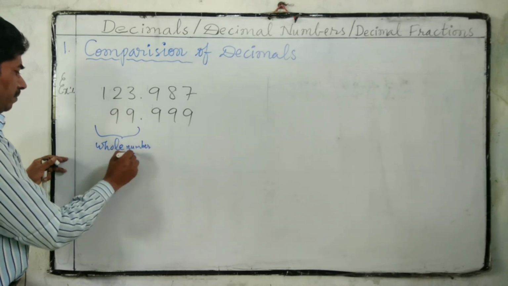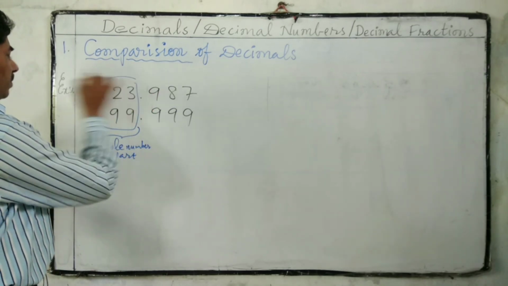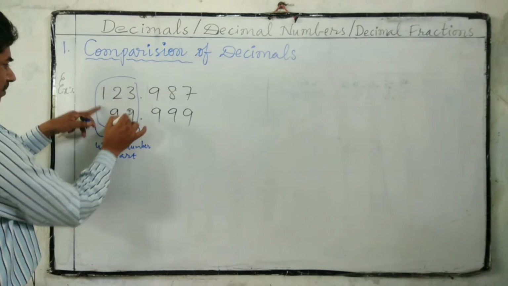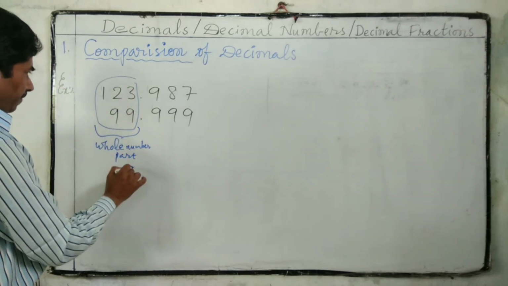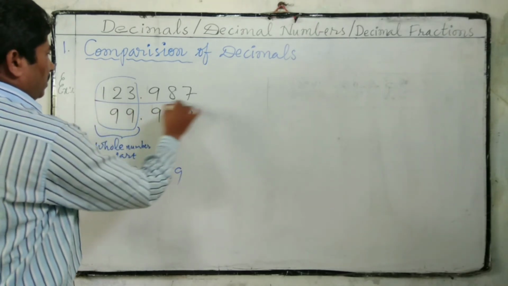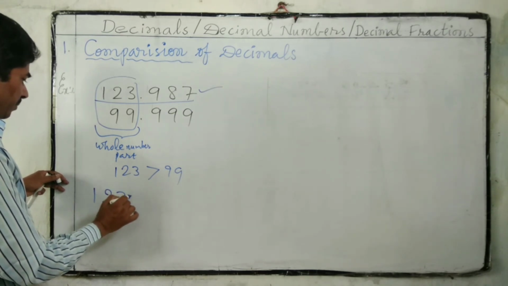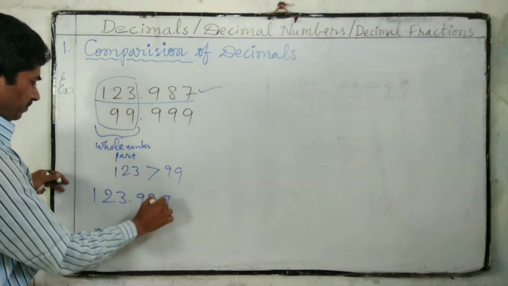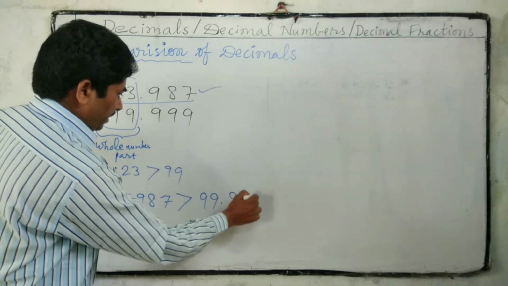This is the whole number part. Here we have 123, here we have 99. So 123 is greater than 99. So this first number 123.987 is greater than 99.999.